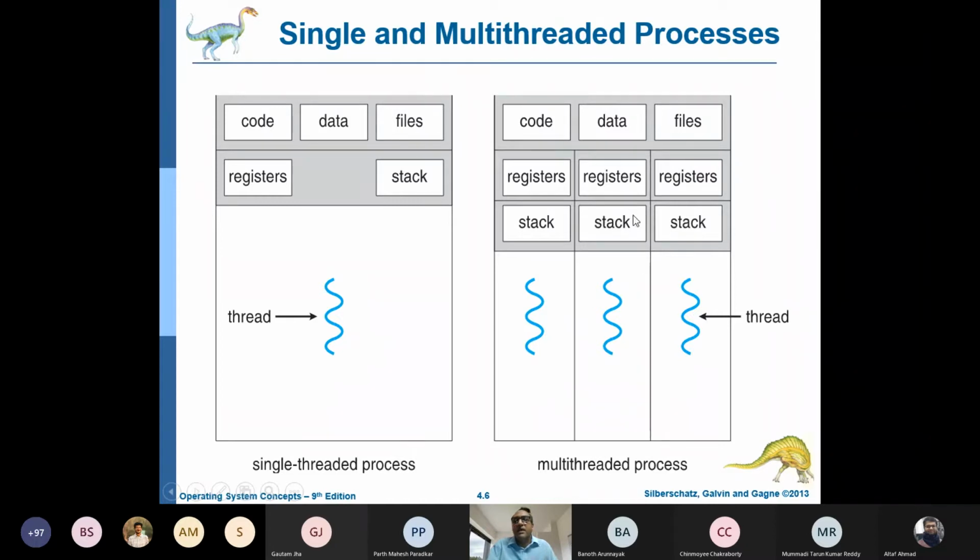The only additional things are, as per the number of threads, that many sets of specific environments, like a specific stack and register set. This is intuitive, because the process can run on three processors simultaneously if available, and to track these execution sequences you need a separate stack and register set for each. That is the way to view a multi-threaded process compared to a single-threaded process.